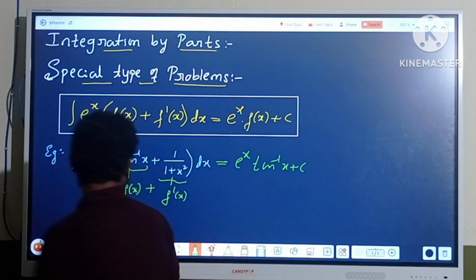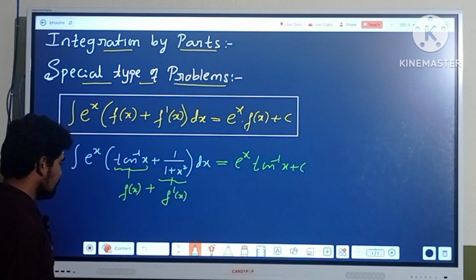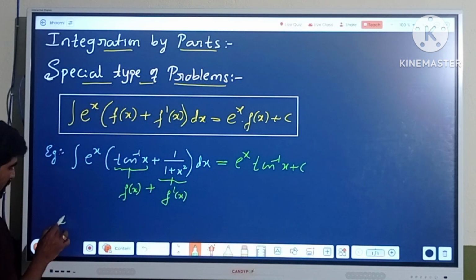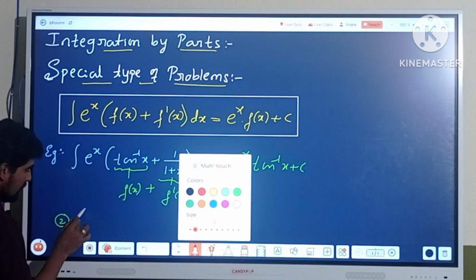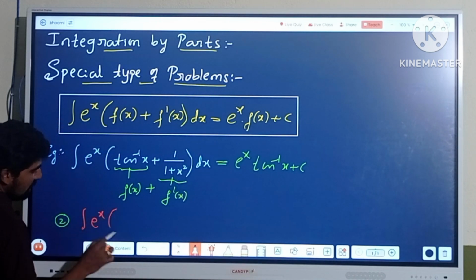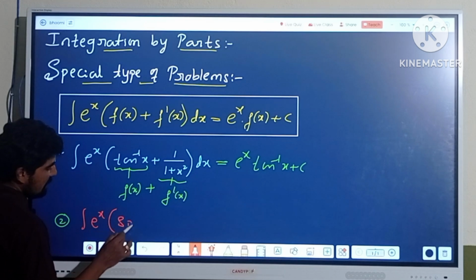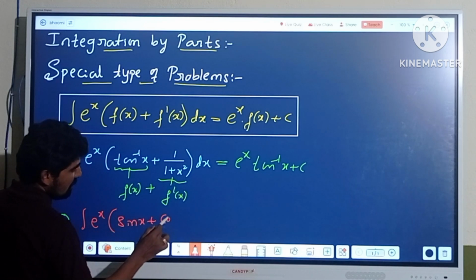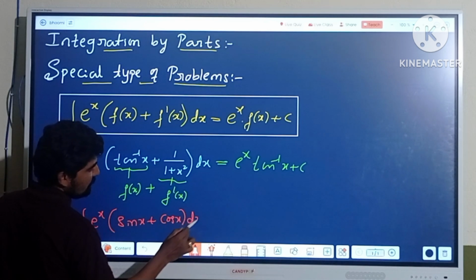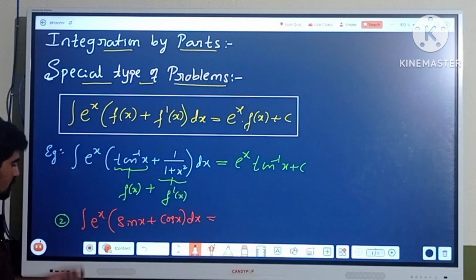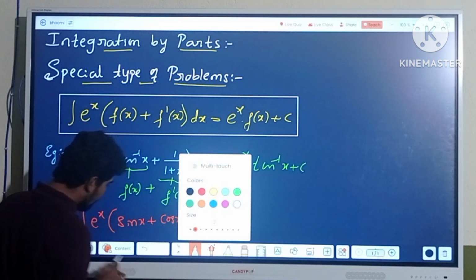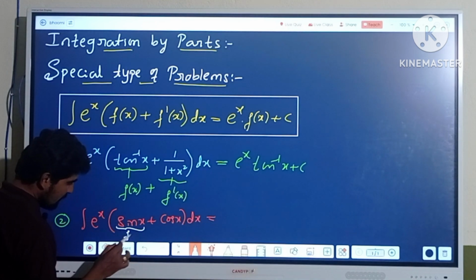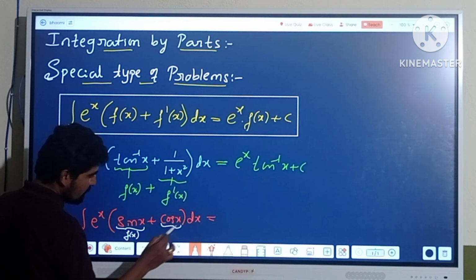I hope all of you understood. Let us consider one more example. Second example: integration of e power x into sin x plus cos x with respect to x. Observe here, it is also of the form integration of e power x into f x. What is f x here? f x is sin x and its derivative is cos x, which is f dash x.